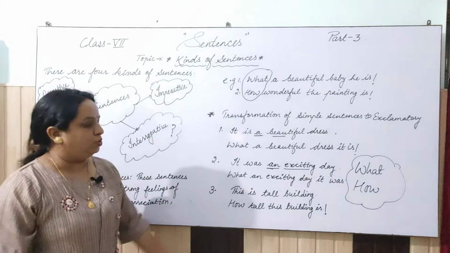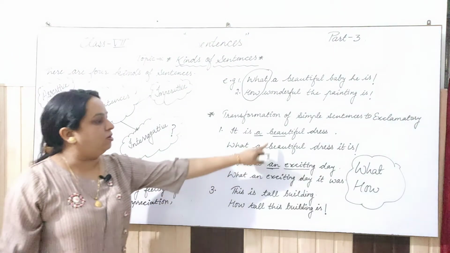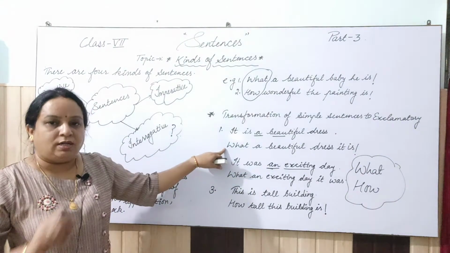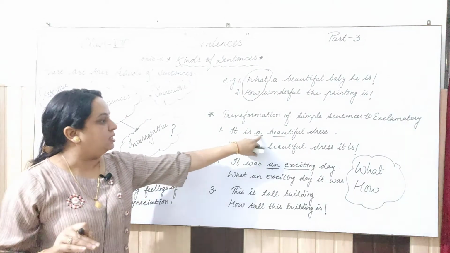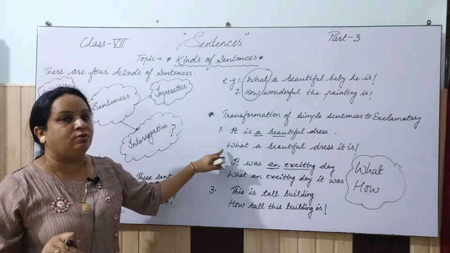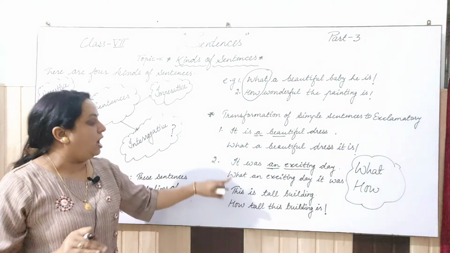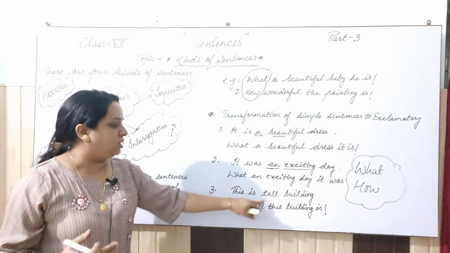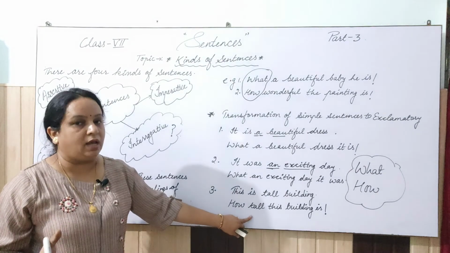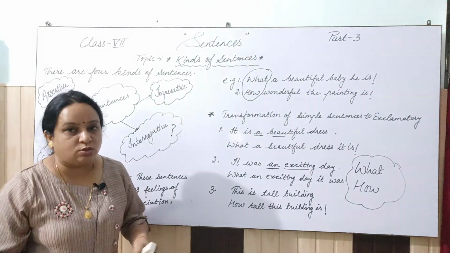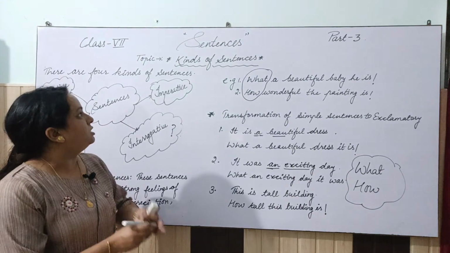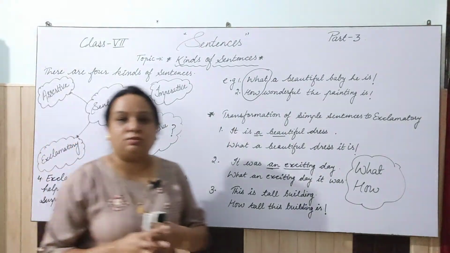So where a or an is written, it's quite easy, it's a trick for you people: when a or an is given to you, you have to use what. Clear? And when the adjective is not given a or an, then in that case you have to use how. So that was quite easy, and with this we have completed kinds of sentences.